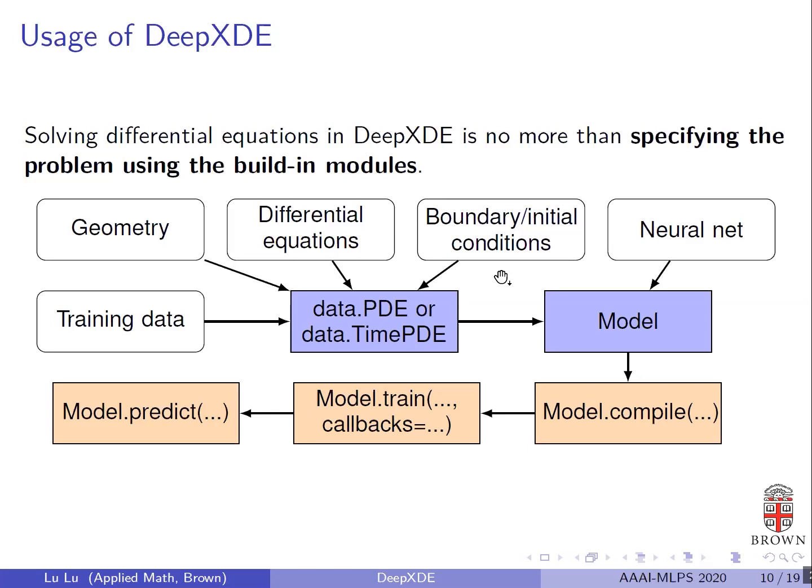And then when we use networks, we need to specify the type and the size of the network. In the following examples, I will show you how easily we can use DeepXDE for solving different types of PDEs. By only specifying these components, all the remaining parts will be done automatically by the software.